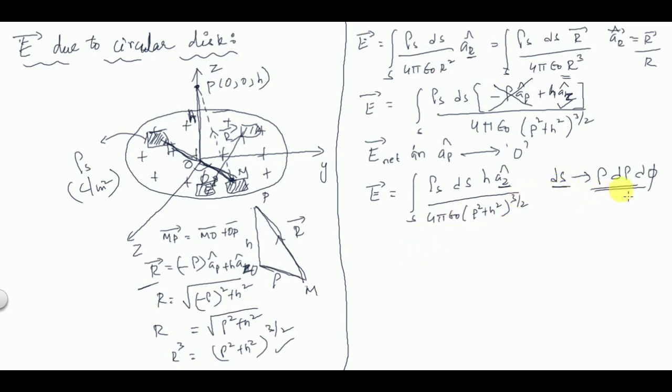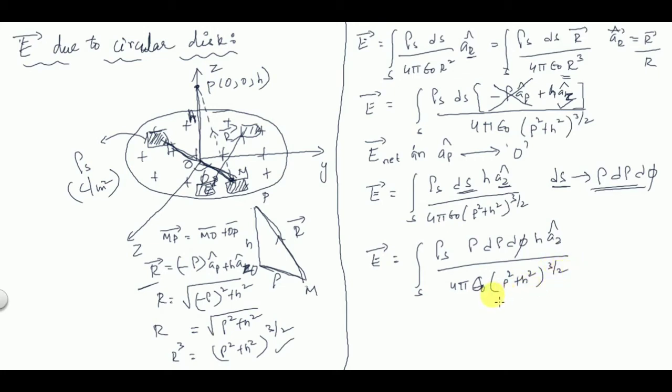So rho d rho d phi. So E bar is equal to integral over s of rho s into rho d rho d phi, in the place of ds I am substituting rho d rho d phi, into h AZ cap divided by 4 pi epsilon naught into rho square plus h square whole to the power of 3 by 2.